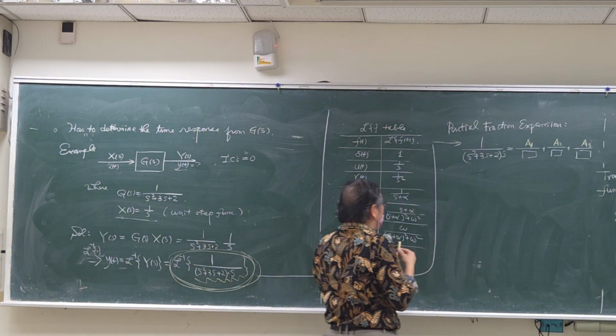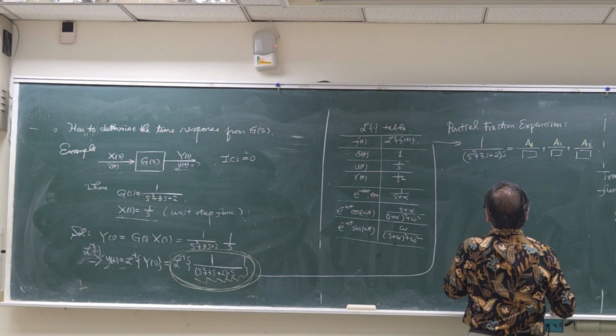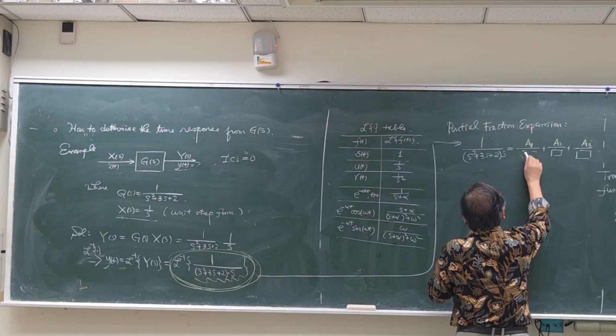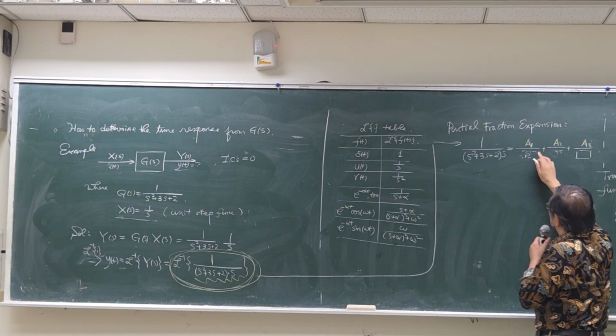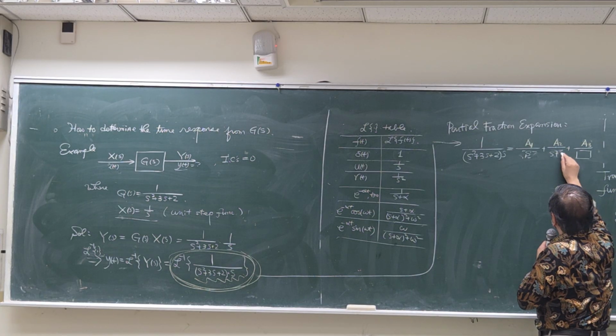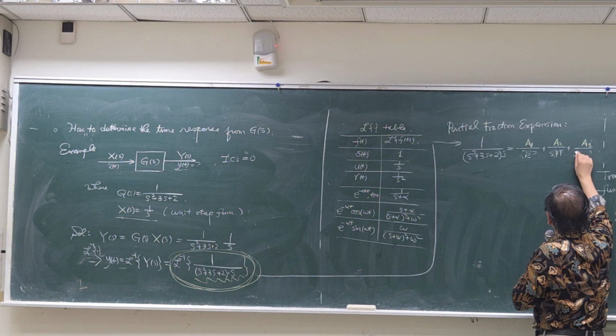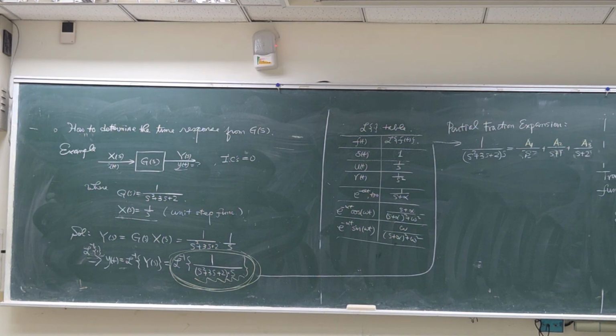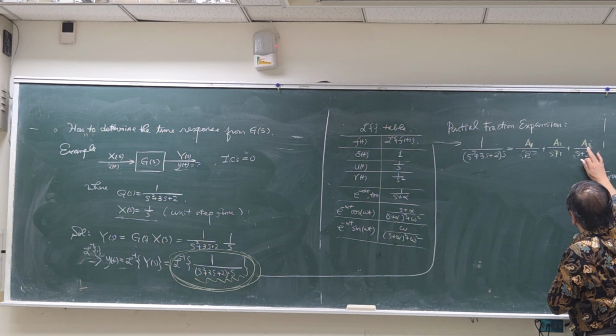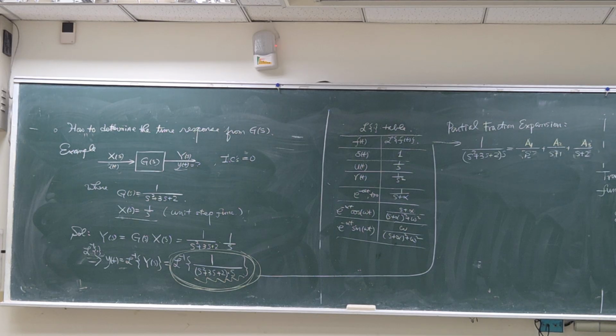We can write it as the combination of three systems: A1 over S plus A2 over S plus 1 plus A3 over S plus 2.